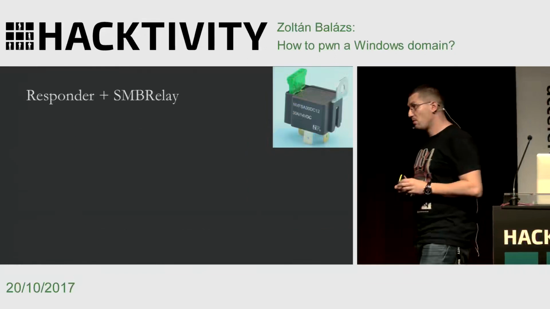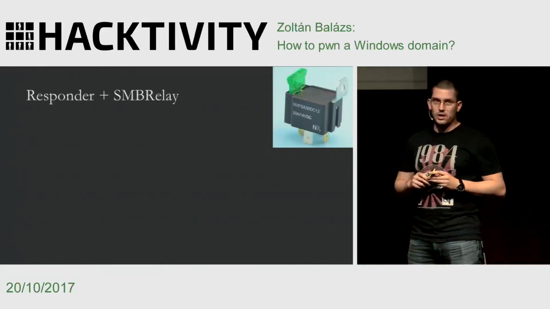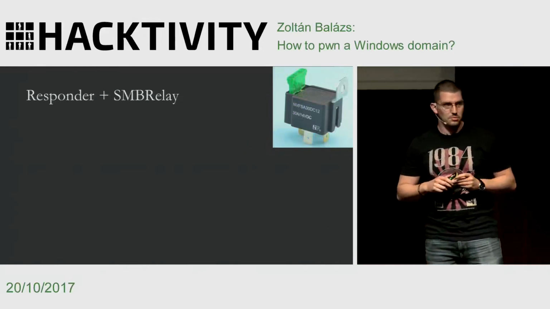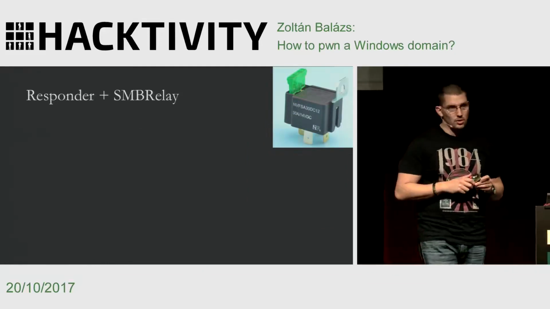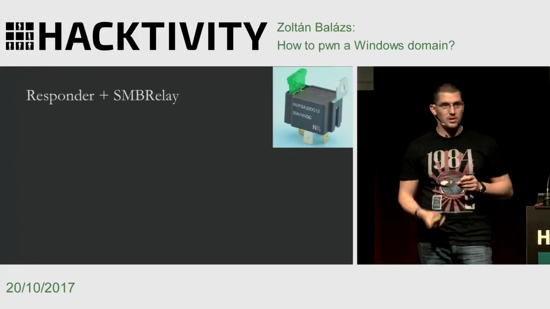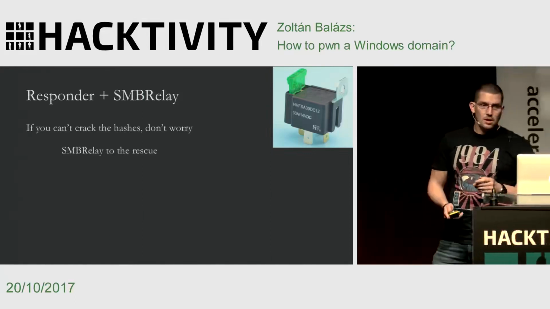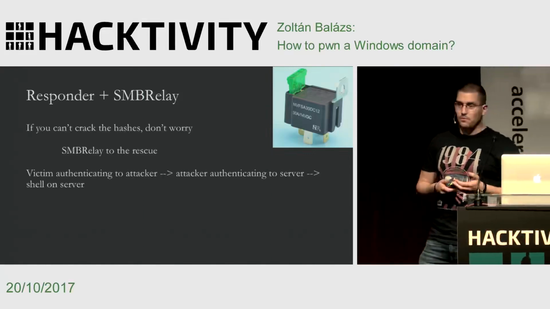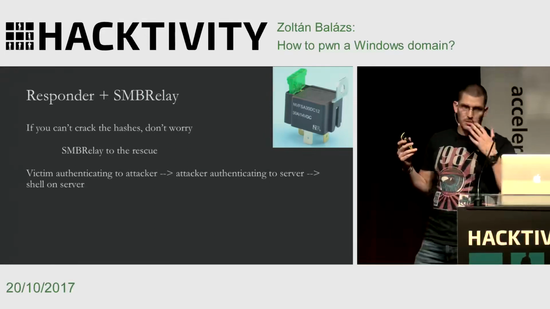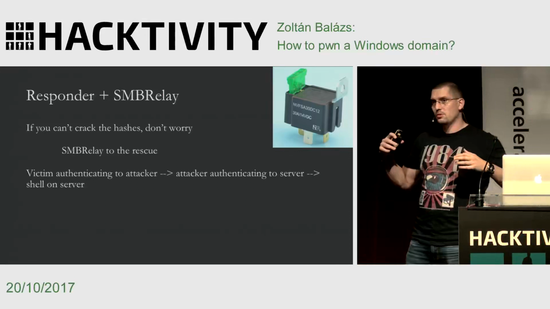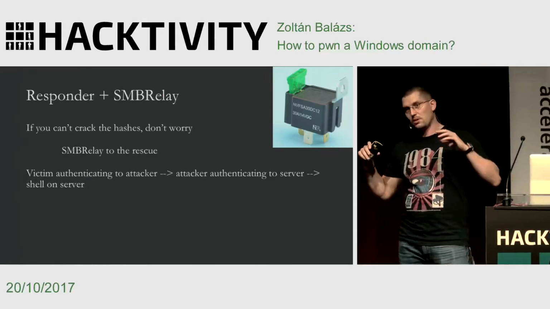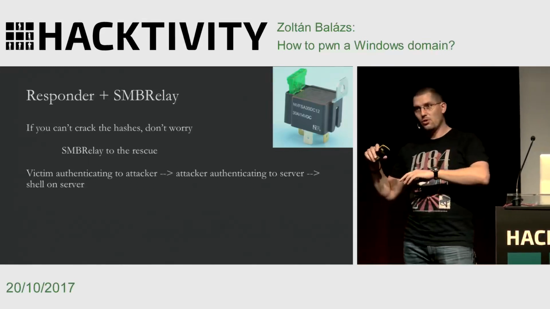But what happens if it's not that easy to crack these passwords because of those password policies and things like that? In that case, you can use a technique called SMB relay. Because what you can do here is that you man-in-the-middle the NTLM authentication protocol.